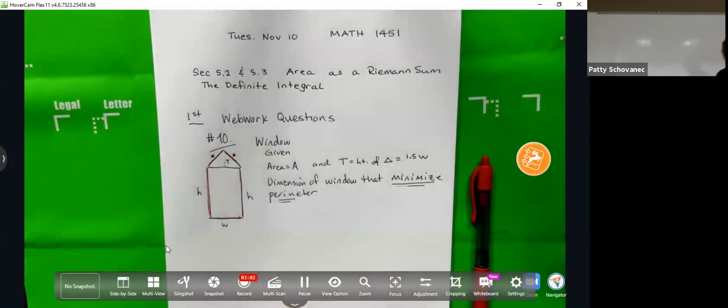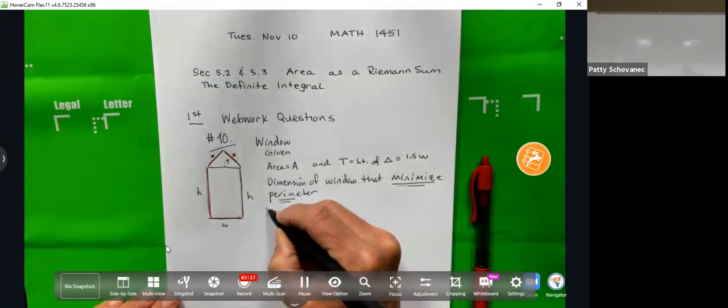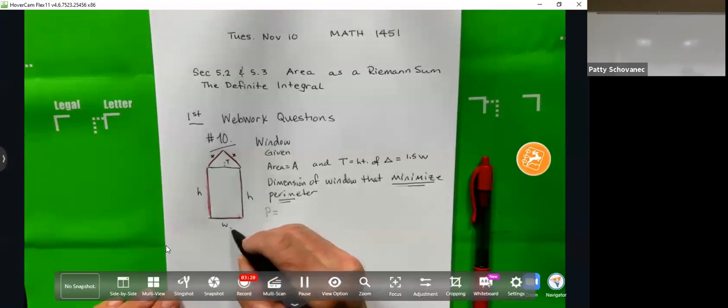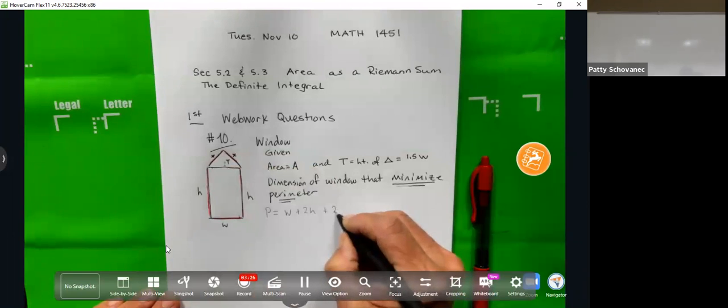That the sides of the triangle are X. And we'll write that in terms of W, I suppose. So now let's write our perimeter in terms of X, H, and W. That our perimeter is 1W plus 2H plus 2X.